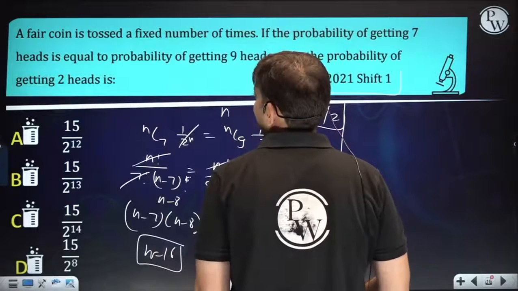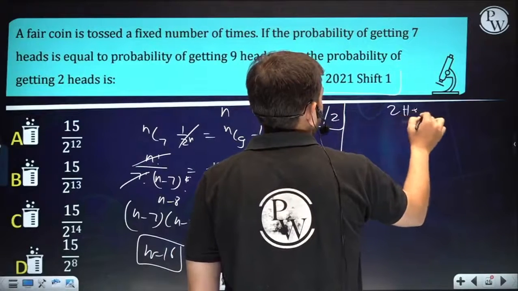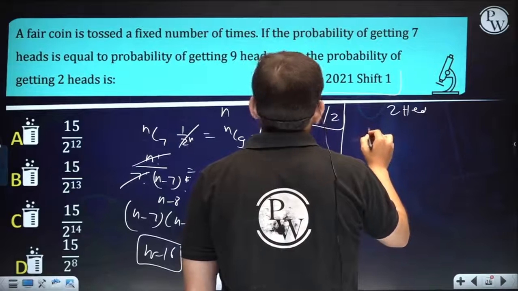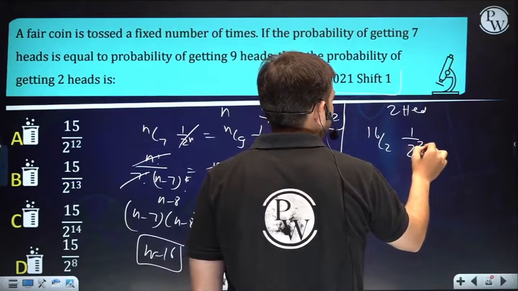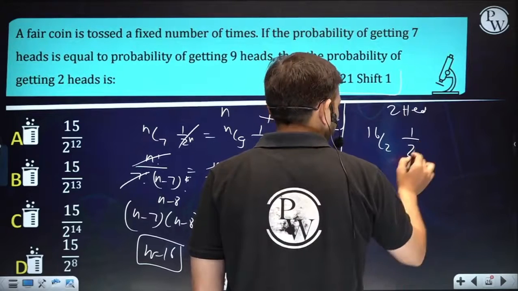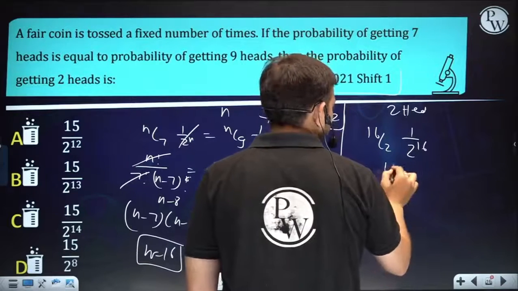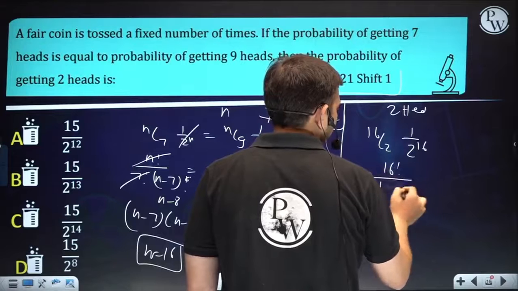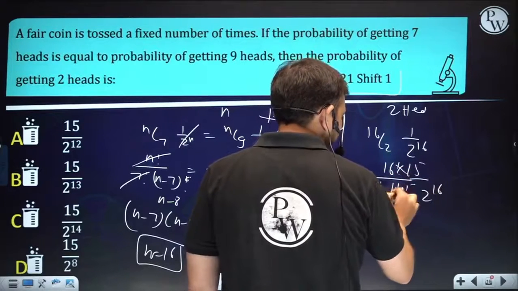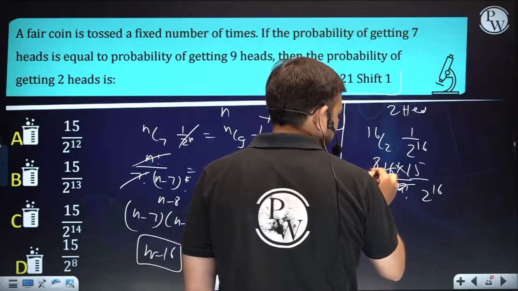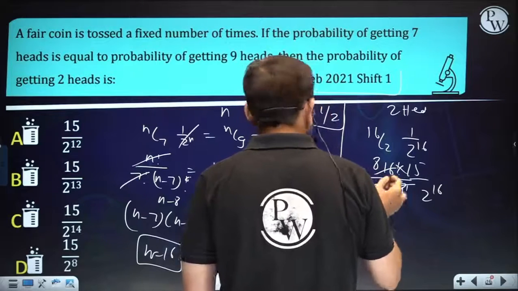Now what? Probability of getting 2 heads. That means 16C2 times 1 by 2 to the power 16. Okay, now 16C2 is 16 factorial over 2 factorial, 14 factorial. So into 15, cancel 8, 8 means it will be 3.